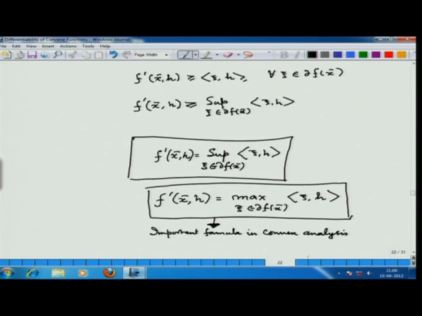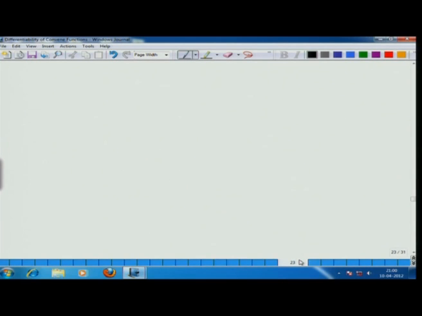So, now let us go back to our question by which I will end today's talk: minimize f(x) subject to x an element of C, f a convex function from Rn to R and C a closed convex set.